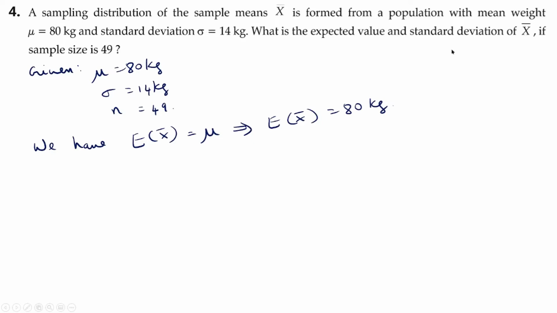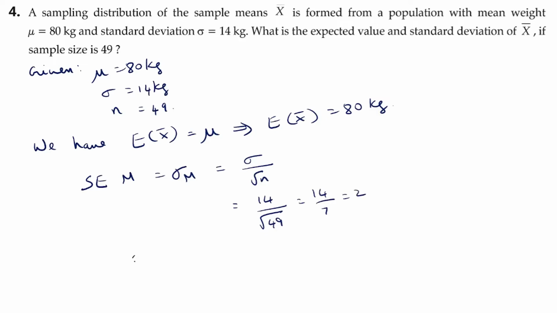Then we are asked to find the standard deviation of x bar. It is nothing but the standard error of mean, sigma m, which is sigma by root n. Here sigma is 14 and n is 49. So 14 by root 49 is 14 by 7, which is 2. So the standard error of x bar is equal to 2.